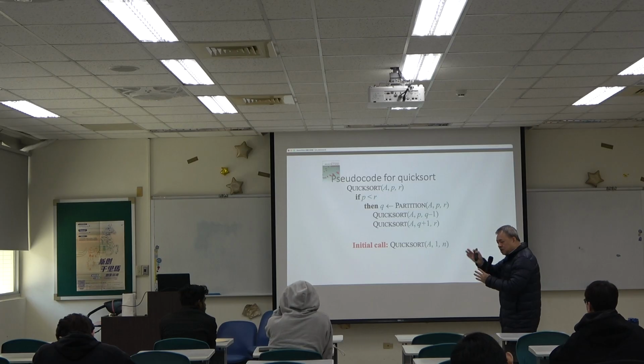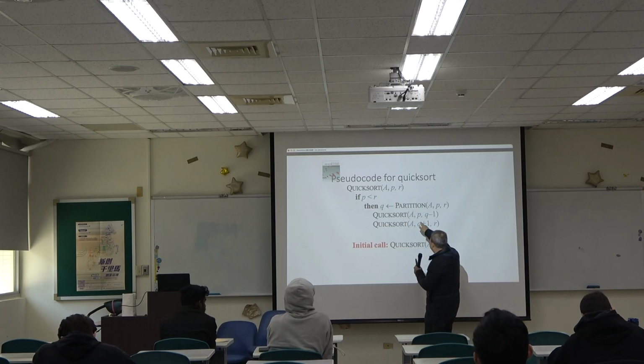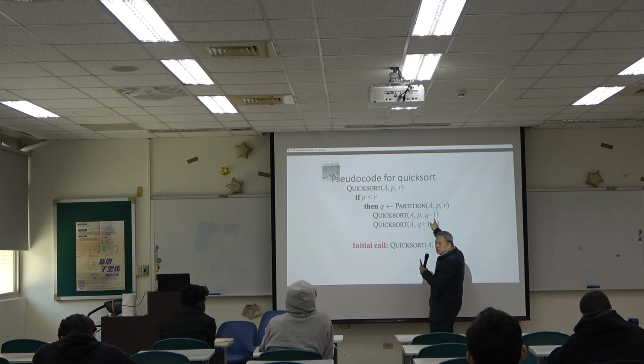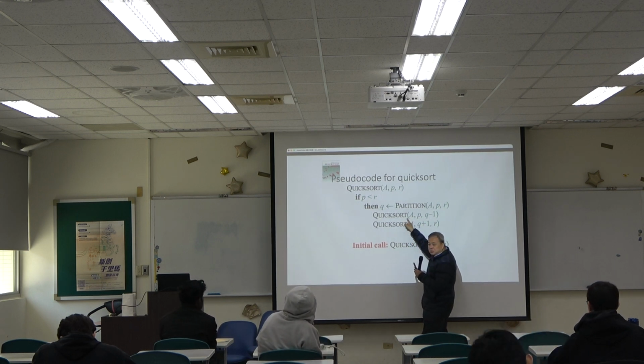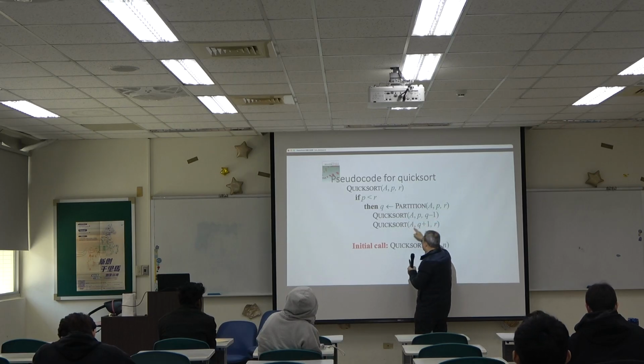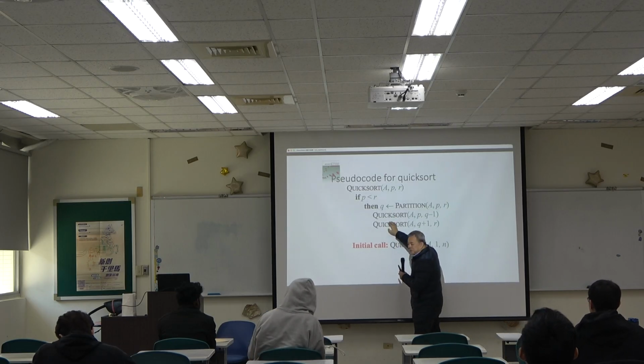And that place, as I said, is already sorted, right? It's already in the rightful place. So we only need to take care of the elements from P to Q minus 1, the previous elements. We call quicksort again, recursively, to deal with them. And for the elements behind the pivot, Q plus 1 to R, we call quicksort recursively.